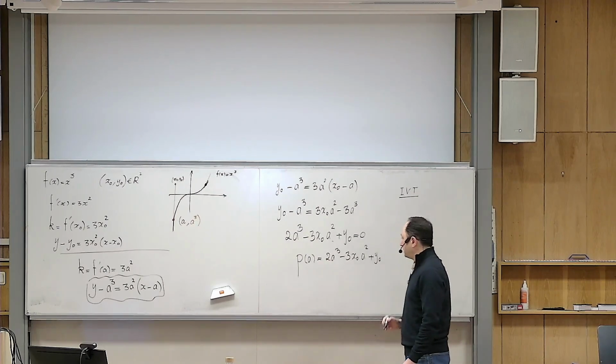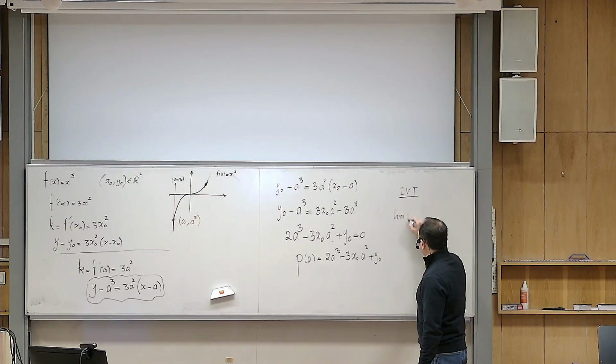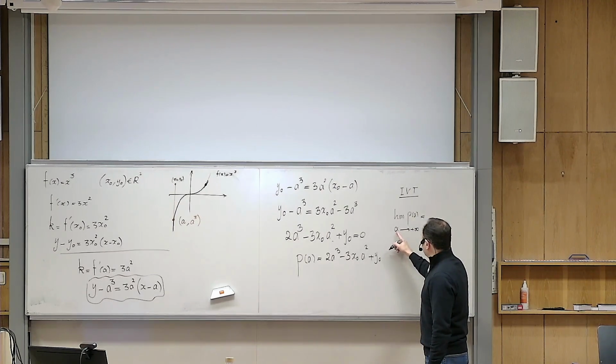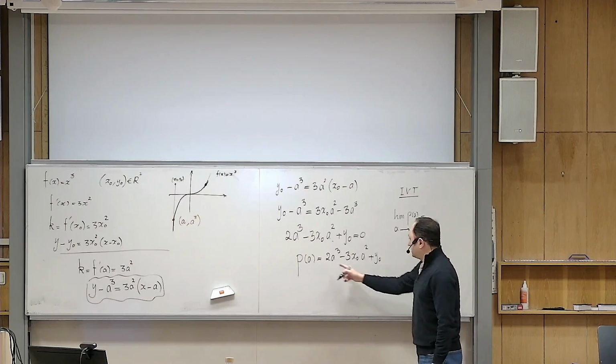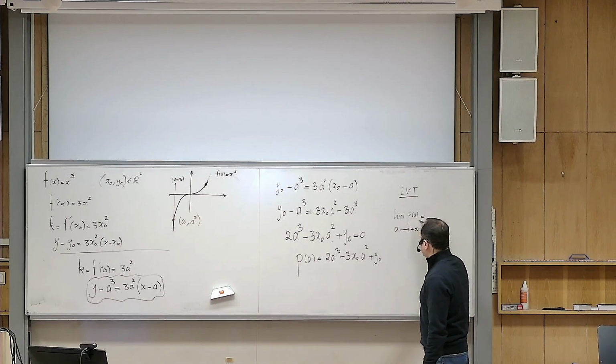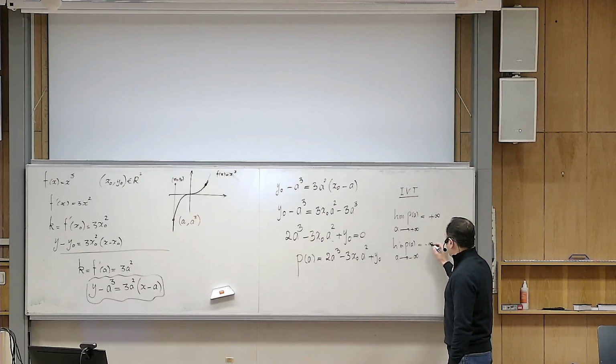I know that the limit of p of a when a goes to positive infinity is positive infinity, because only this term will dominate, and this is a cubed. And when I send a to negative infinity, this becomes negative infinity.